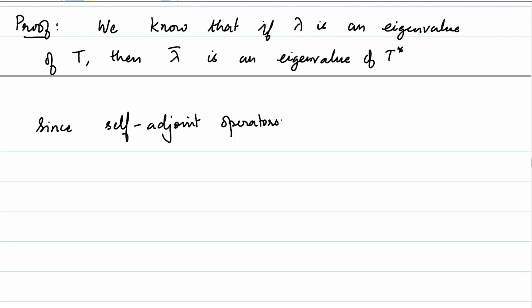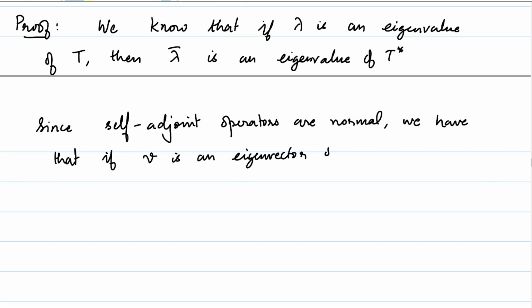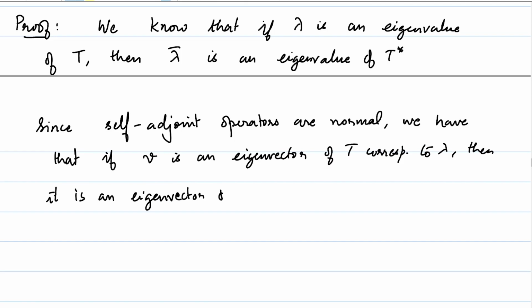by one of the theorems proved in the previous lecture, we have that if V is an eigenvector of T corresponding to lambda, then it is an eigenvector of the adjoint of T corresponding to lambda bar.